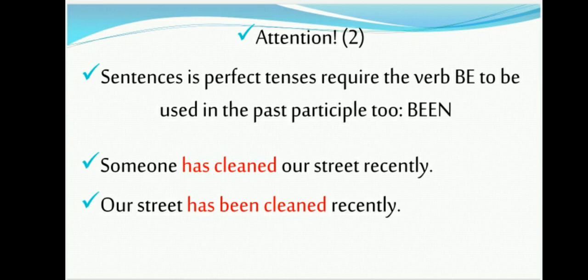Notice that I say our street and then I use has because it's singular. The sentence in the active voice was in the present perfect, so I continue with the present perfect but with the verb be. So I'm going to say our street has been and the past participle of the verb clean, which is cleaned. So my sentence in the passive voice is our street has been cleaned recently.